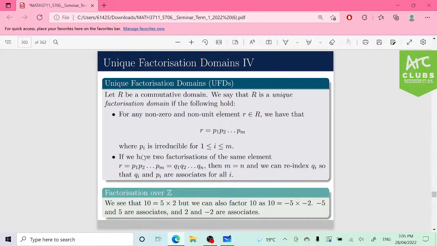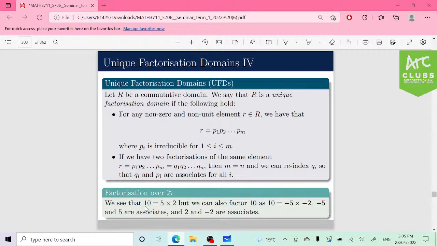Secondly, if you can factor the element in two different ways, then you obtain the same number of primes, and each of the primes are associates of each other, meaning that you can always express Qi as a product of Pi and an invertible element.